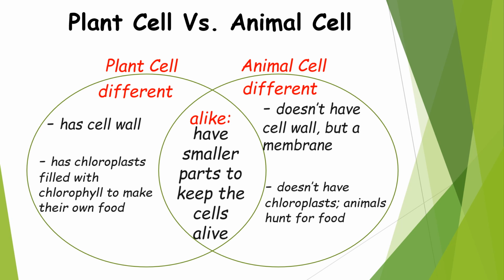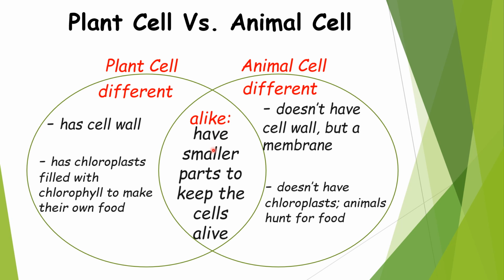Now we're going to learn the difference and the similarity between a plant cell and an animal cell. So here we have this chart. First, we're going to talk about what's common between plant and animal cells. How are they alike?